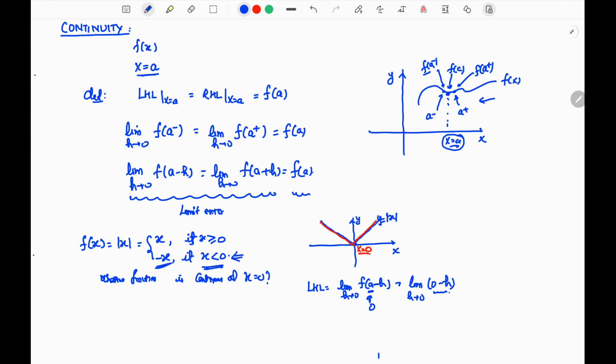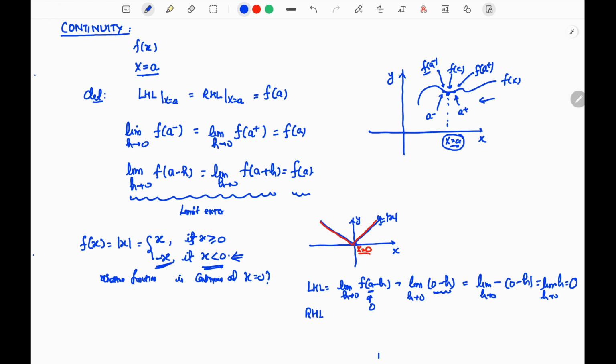For that the value is minus x, and we substitute here, it is limit h tends to 0 of minus (0 minus h), so it will come limit h tends to 0 of h, and substituting the value of h we will have the left hand limit value 0.